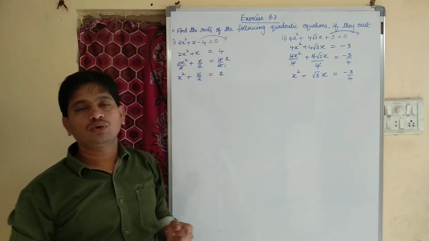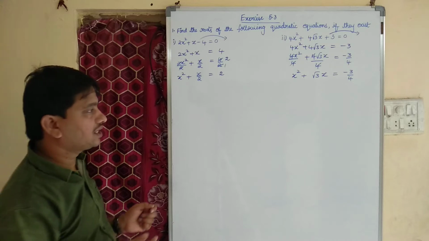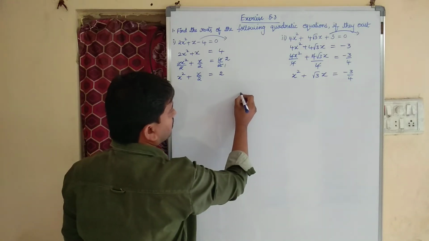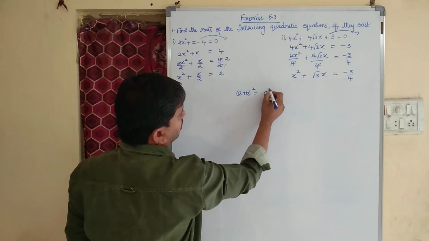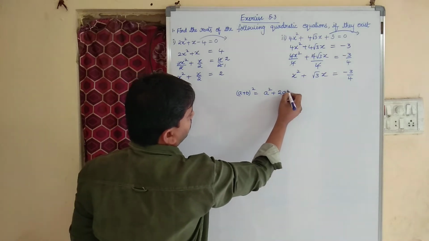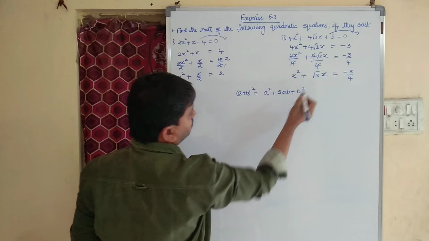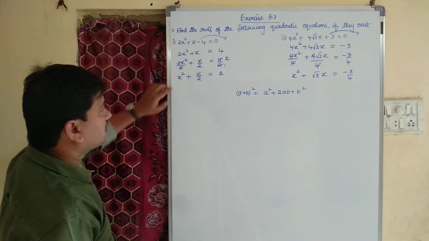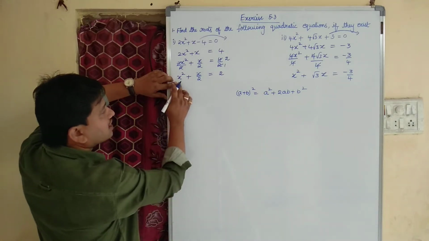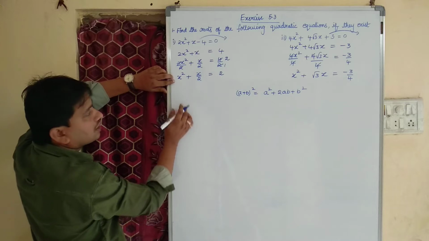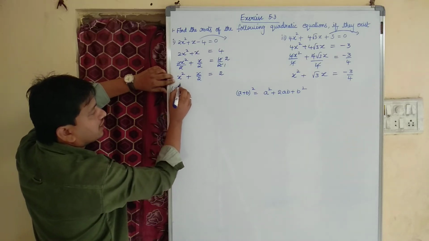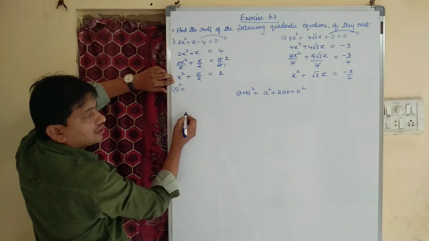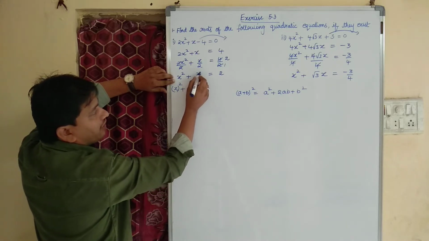So students, we know the formula of a plus b whole square. What is the formula of a plus b whole square? A plus b whole square equal to a square plus 2ab plus b square. Now, this is in the form of only a square plus 2ab. See here, a, I can write as x whole square plus x by 2.